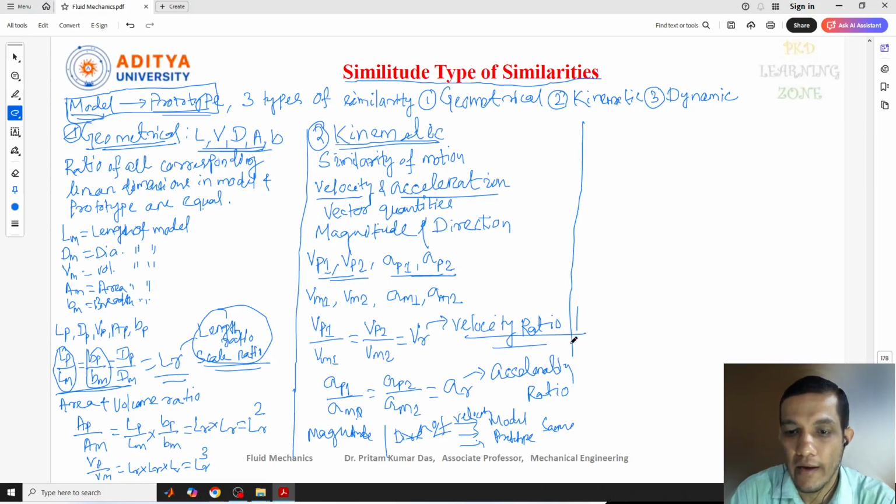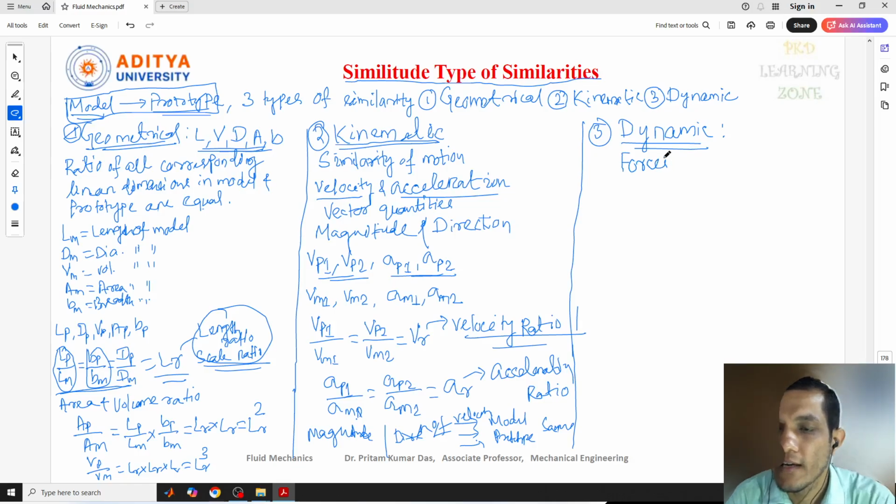Okay, and the last one we can discuss is the dynamic one. This is also very, very simple, as with the geometrical similarity and kinematic similarity. In the dynamic case we need to consider forces.